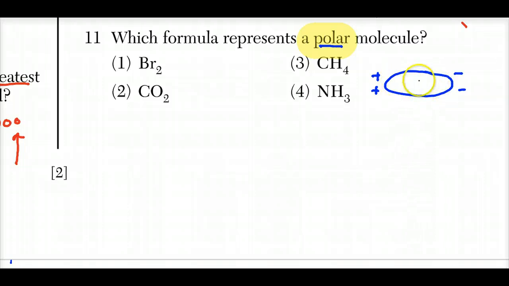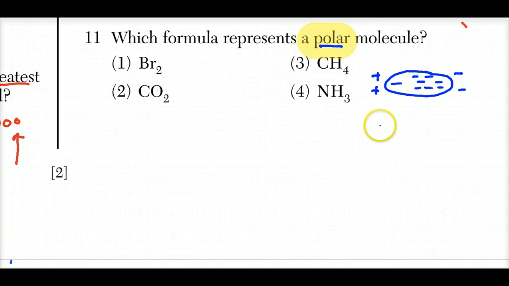So in a molecule of 2 or more different atoms, you may have more electrons existing on this side of the molecule than this side, which gives it an overall negative feel on this side, and the side that has fewer negatives has a feeling of being more positive. That's truly how a polar molecule works.